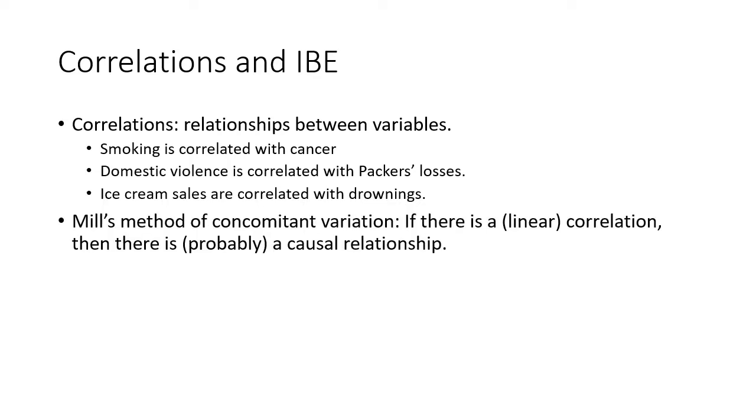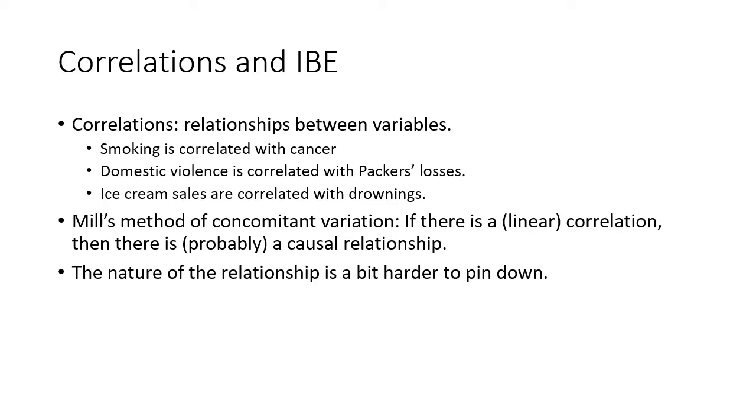And in chapter 8, there's discussion of Mill's method, the method of concomitant variation, or concomitant. I never know how to pronounce it correctly. And the view is that if there is a linear correlation, then there's probably some sort of causal relationship going on.